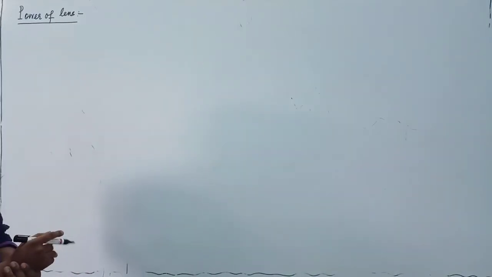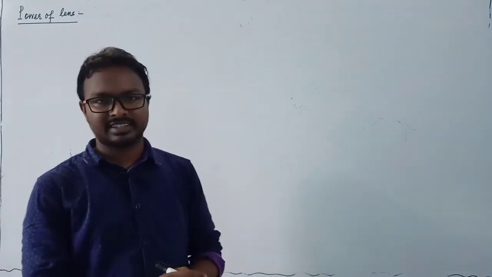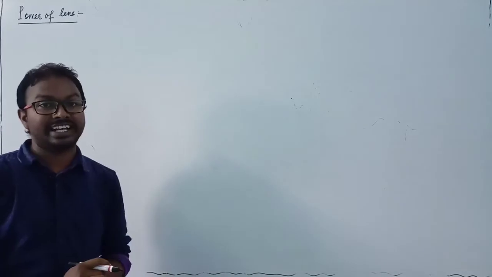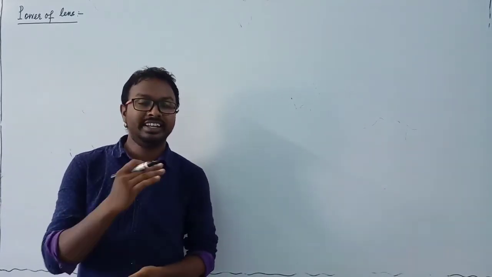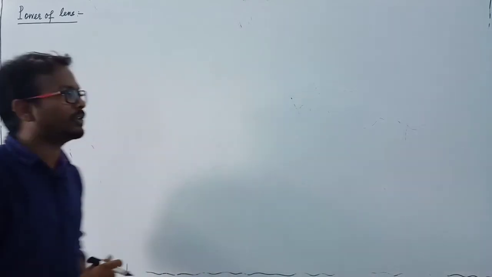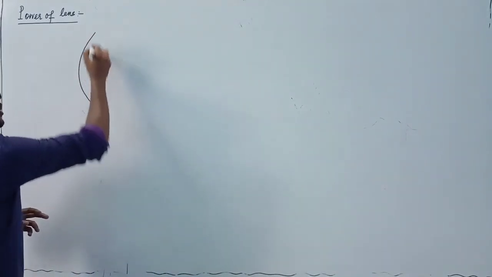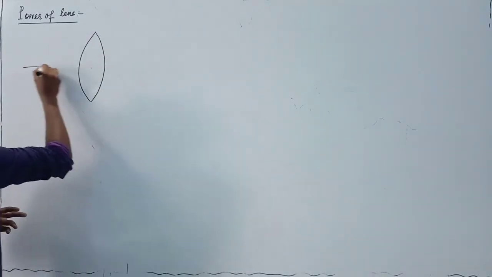Next, power of a lens. So what is power? Power of a lens is its ability to converge or diverge the rays of light falling on the lens. Suppose we have a convex lens here, and this is the principal axis.